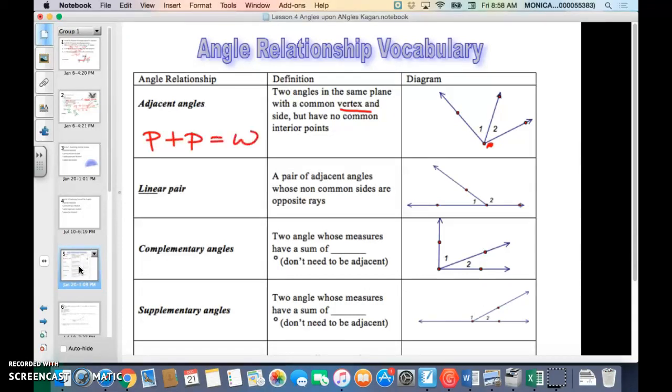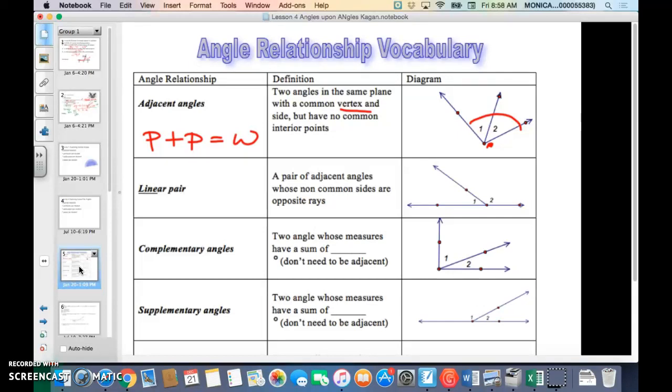And so you can see that if you added angle 1 plus angle 2, you would get the whole angle here. Now for adjacent angles, they are not equal to each other. They are two different angle measurements, unless specified that that ray is a bisector.